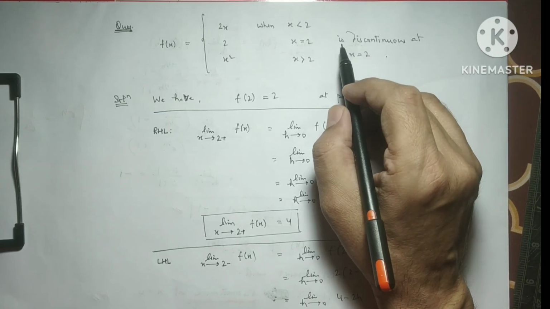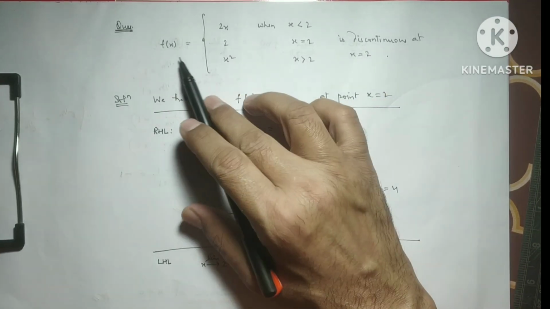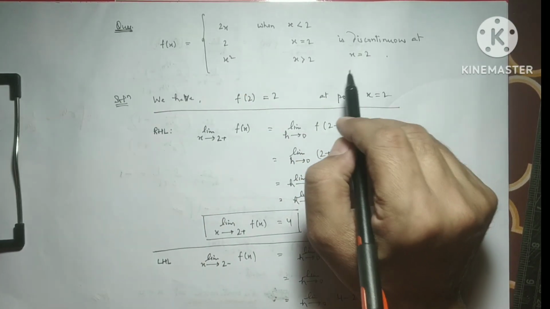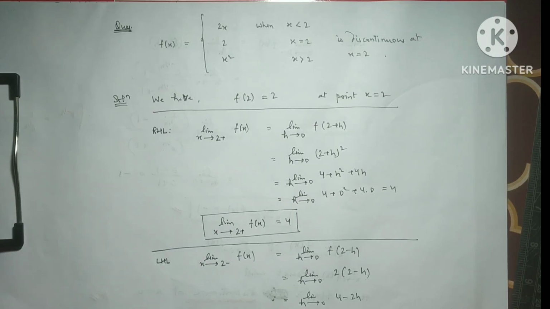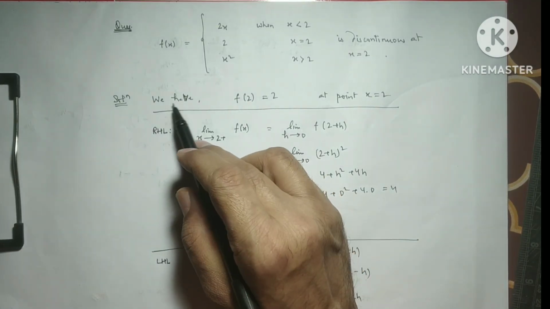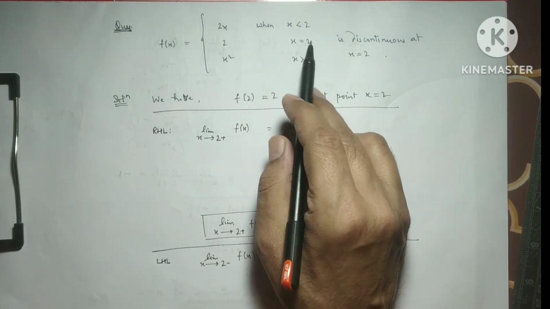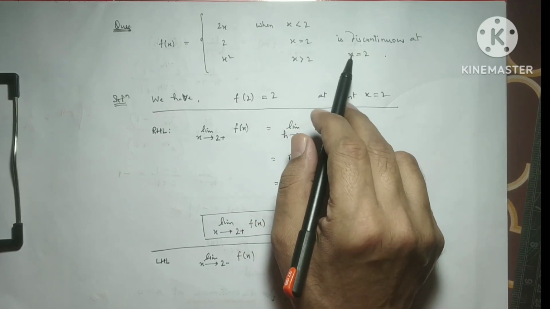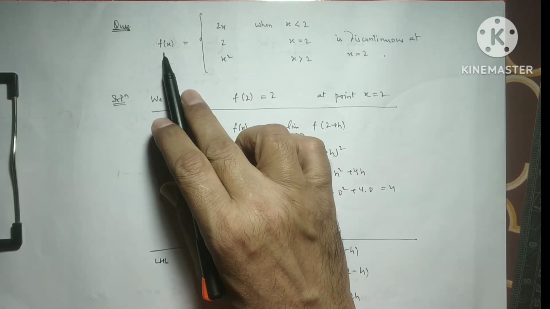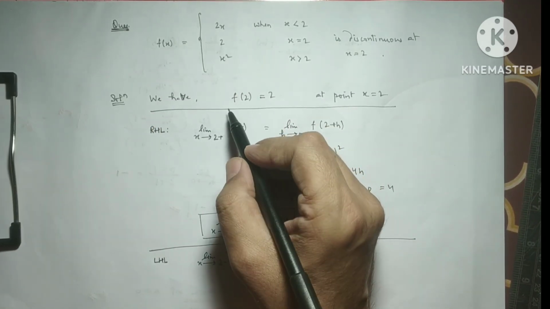So we have to show this function is discontinuous at x equals to 2. So right now we have the point x equals to 2, at which we check whether the function is discontinuous.